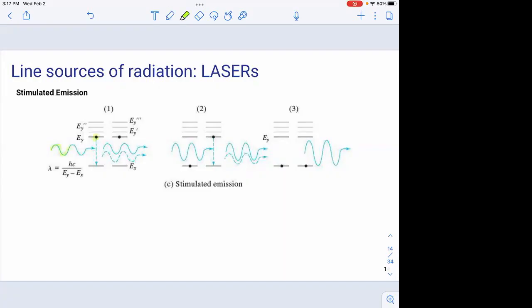You have an incident photon of a wavelength that is the exact difference between EY and EX. And so the result is the emission of those two photons as that atom or molecule relaxes back down to the ground state.